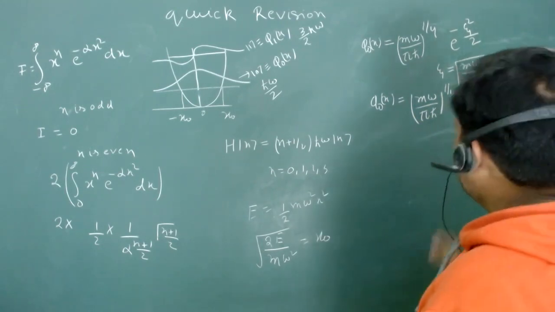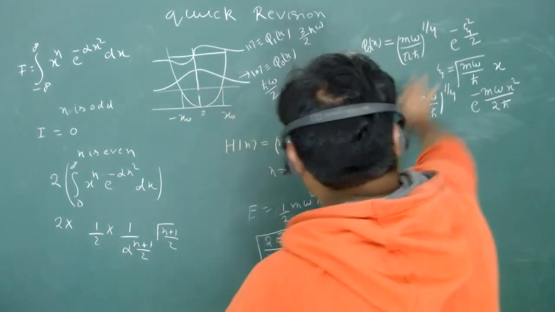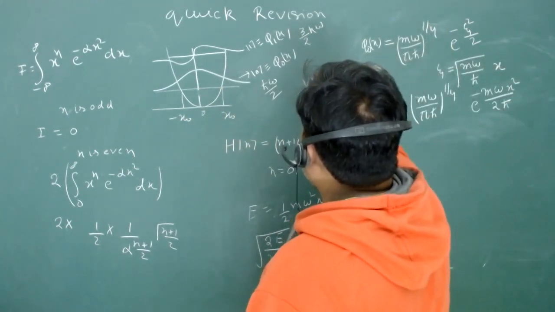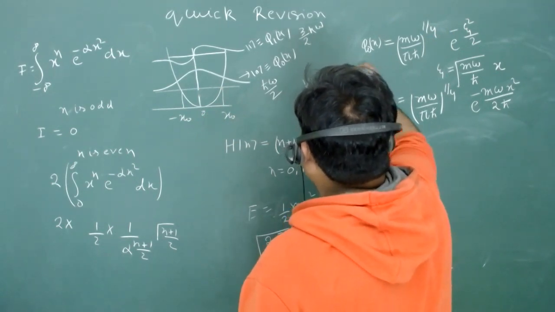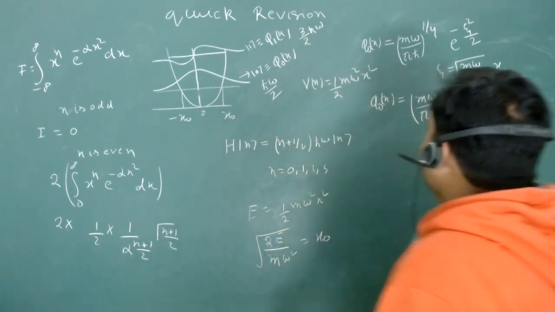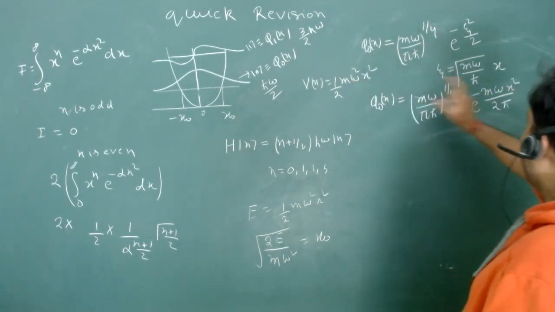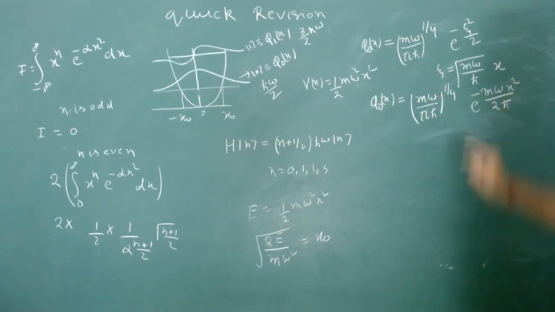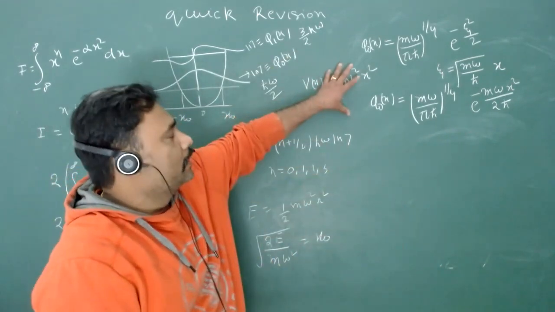And you should also remember the functional form of the potential. We are just writing all these things for the functional form of the potential. V(x) is equal to half m omega square x square. If omega is going to change or this number is going to change, you have to change the normalization here also, as well as this functional form. So this is very important, that which type of potential is given.